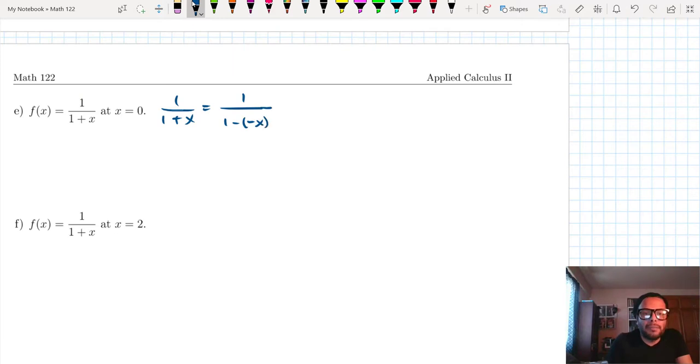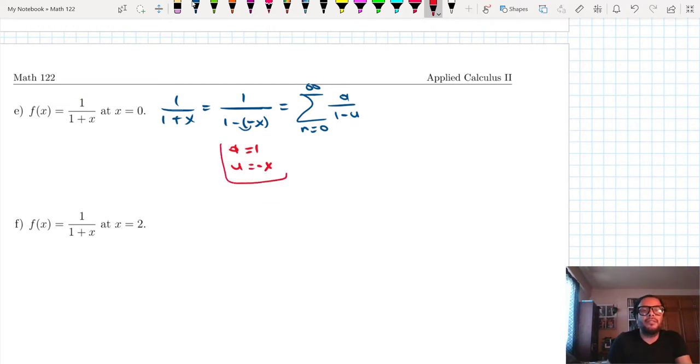Hopefully we all agree that minus minus, it's a smile rule that turns into a positive. Okay, so this is going to be sigma n equals 0 to infinity of a over 1 minus u, where in this case a equals 1 and u equals negative x.